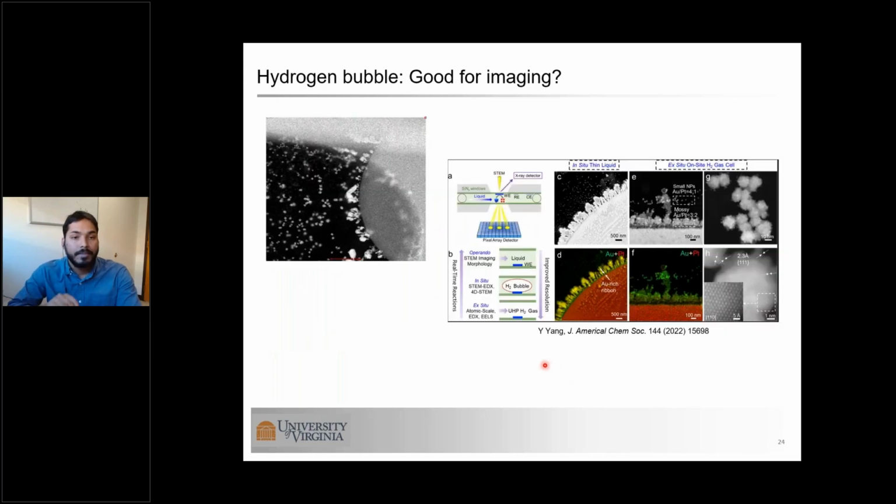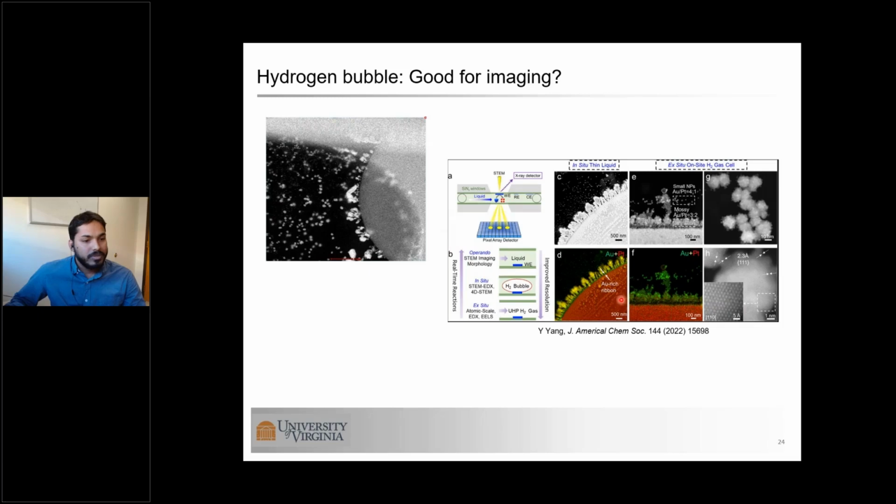Now, hydrogen bubble. Sure, hydrogen bubble is a problem for many of the experiments because you dewet the cell. But it is really interesting that many researchers, even the previous presenter, are also using that as an advantage, and you can get a really good imaging condition because now you have replaced the electrolyte with the bubble.